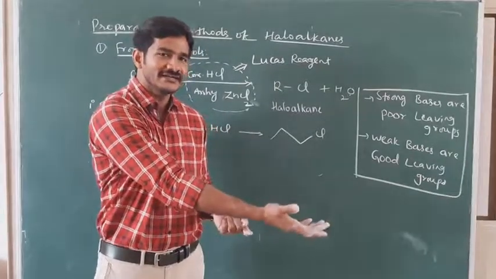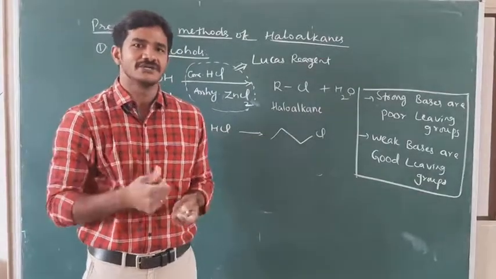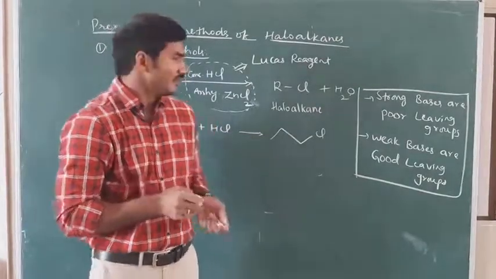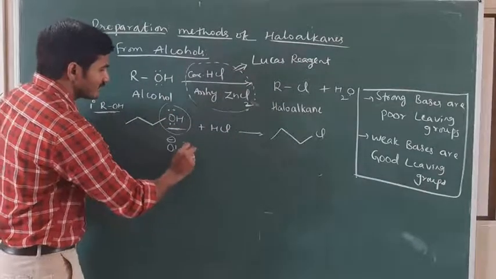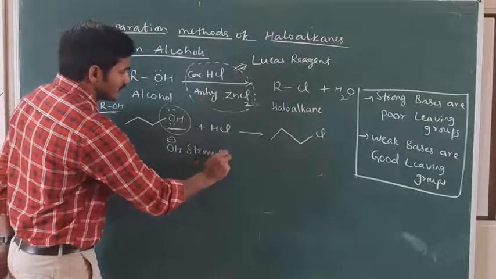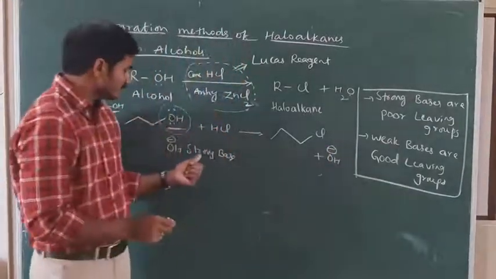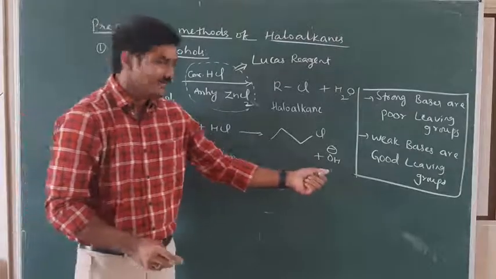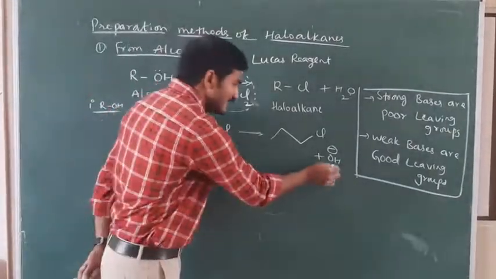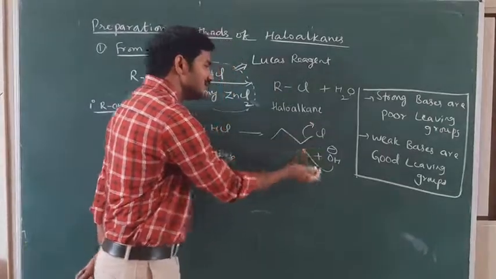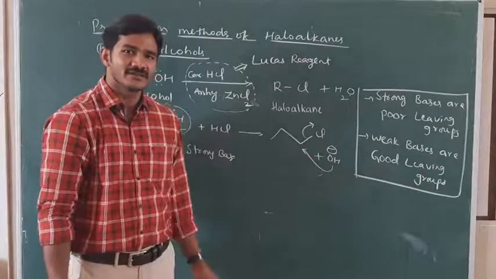The good leaving groups should not react back. They cannot react with the product. They should not form the substrate again. Here, OH minus, we know, is a strong base. If we eliminate it as OH minus, being strongly basic, it can attack again here, eliminate Cl minus, and form the alcohol again.